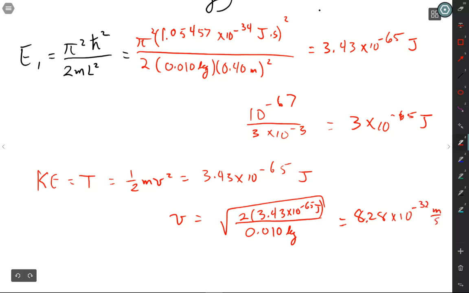So this particle, if it's in the ground state, is moving at roughly 8 times 10 to the minus 32 meters every second.